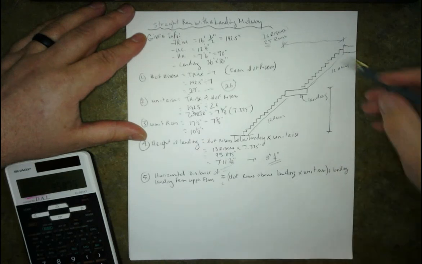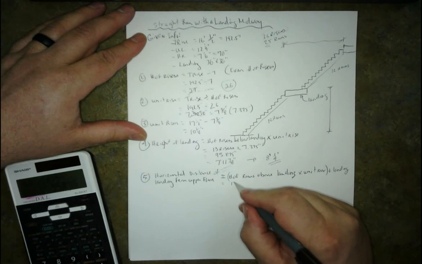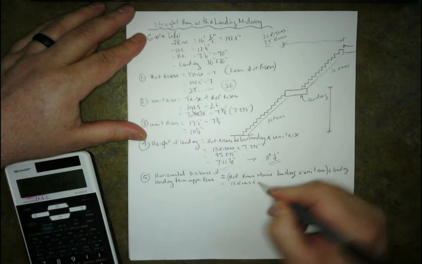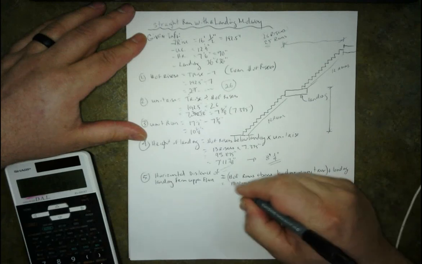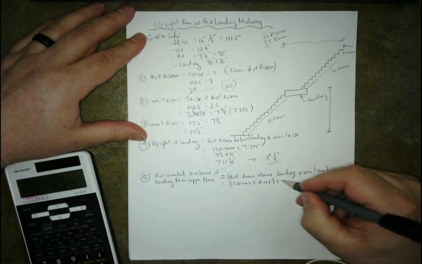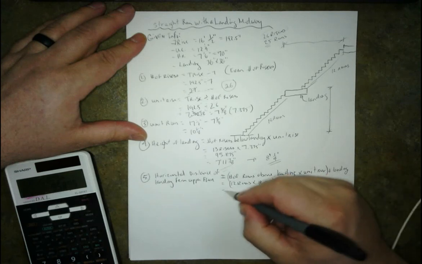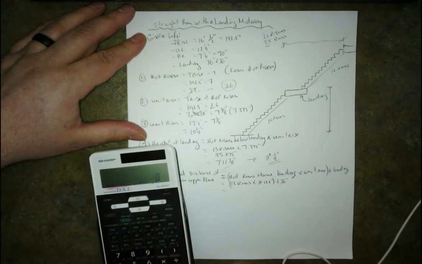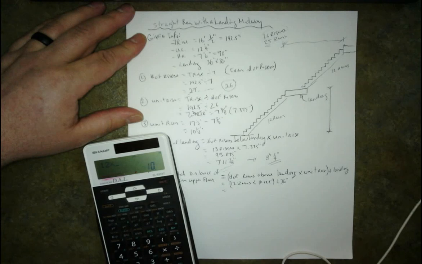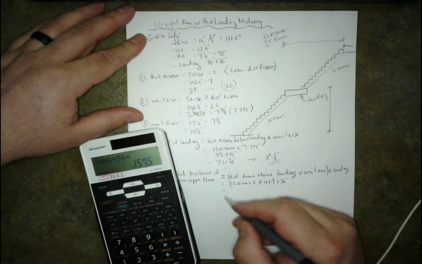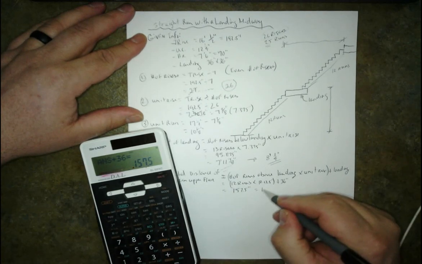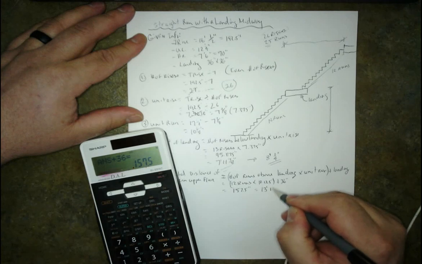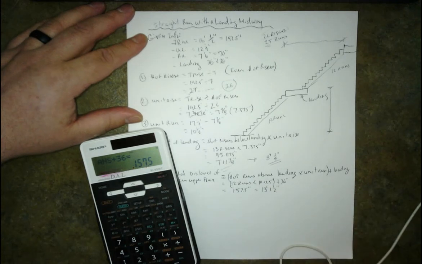So in our case, there are 12 runs above the landing, multiplied by a unit run of 10 1/8, 10.125, plus the landing is 36. So 12 times 10.125 plus 36 gives us 157.5. So that's 13 foot 1.5. Okay.